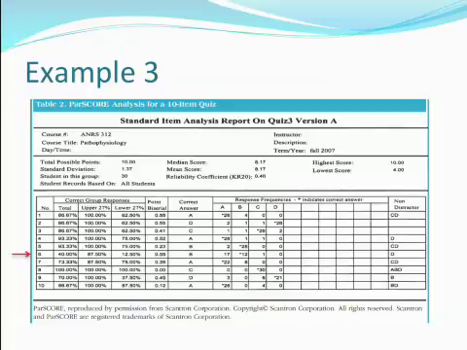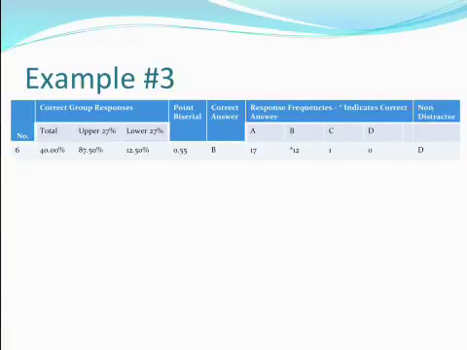Let's look at example 3. We use a different analysis report, and we're going to look at question number 6. I just wanted to say at this time, if you want to practice, you can go back to these slides and select another number and do the analysis yourself. So looking at number 6, in this case, we have a p-value of 0.40, which is good. It's between 0.3 and 0.9. The upper 27% of the class got 87.5% correct.